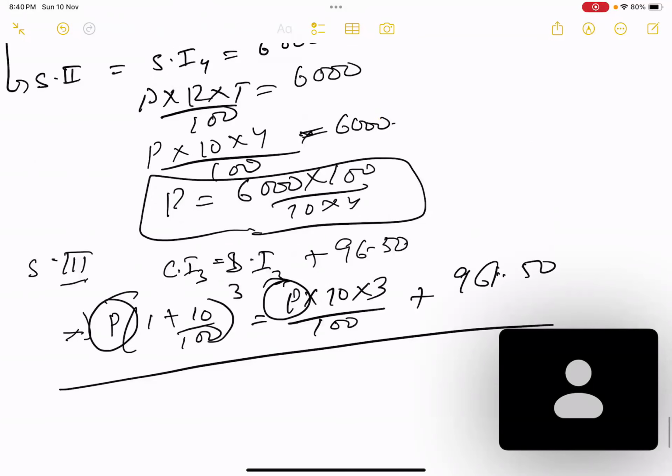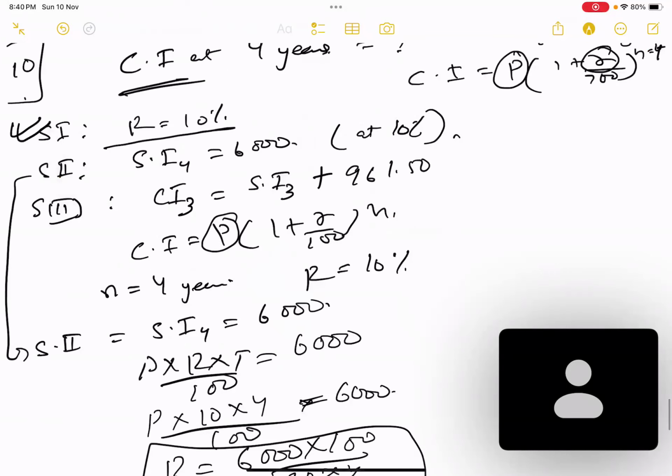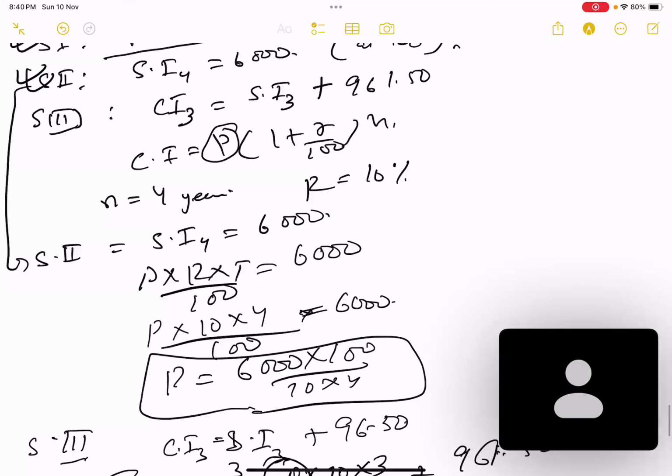Here, we got the rate of interest from statement 1, so we require statement 1. Similarly, we found the principal through statement 2, so we require statement 2, and we found the final value of the principal from statement 3, right? After putting the value of principal.